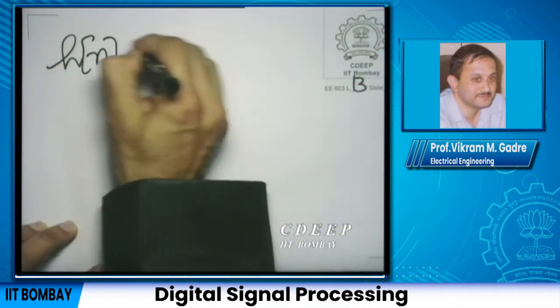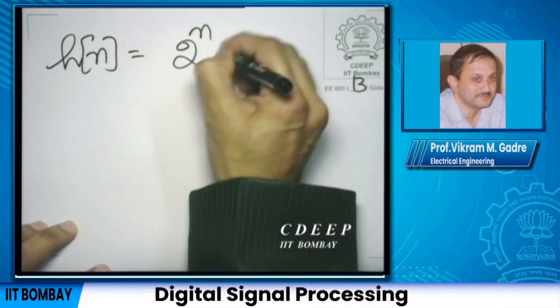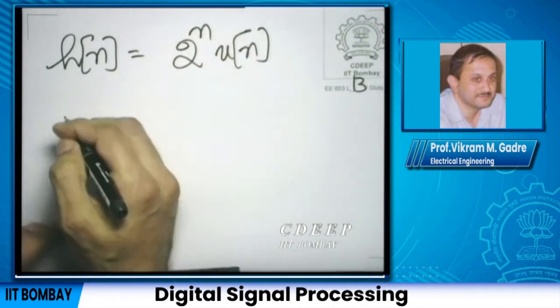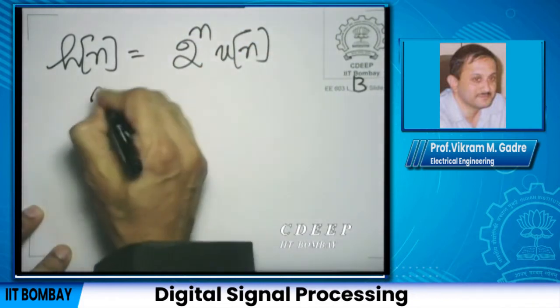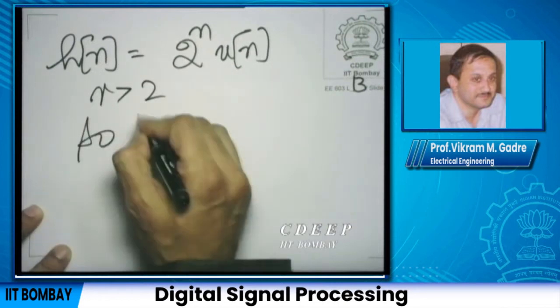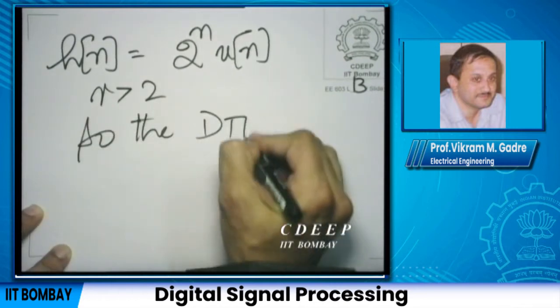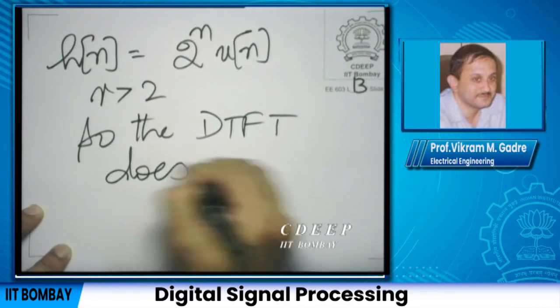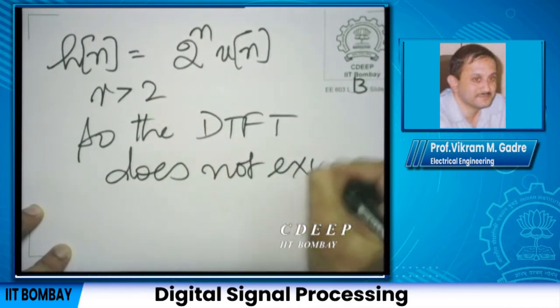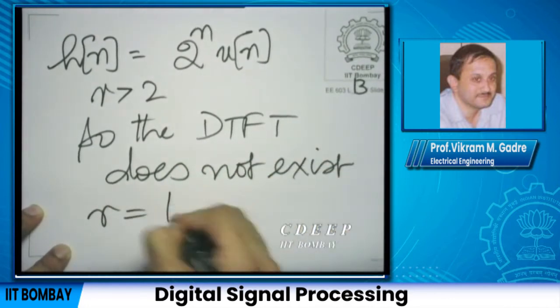Suppose we take this tiger once again, 2 raised to the power of n u[n]. Of course, we need r to be greater than 2. So, the DTFT cannot be evaluated. The DTFT does not exist because r equal to 1 is not allowed.